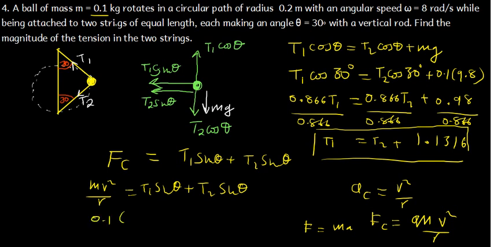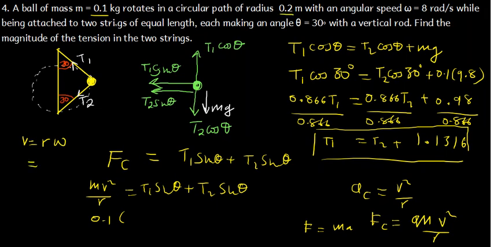This ball we've been told is moving at a velocity of 8 radians per second. Now the velocity has been given in terms of angular velocity. The velocity we are using here is the linear velocity, so let's convert that value to linear, and that is given by v equal to r omega. Now what is the radius here?